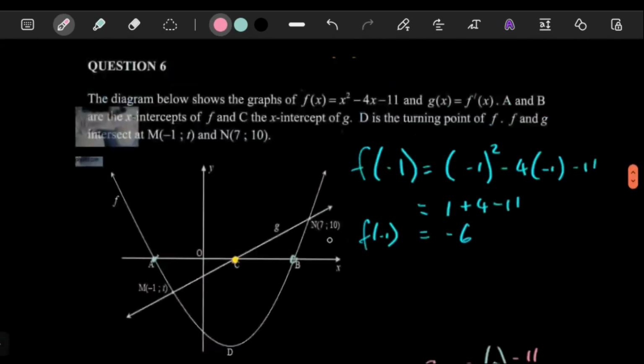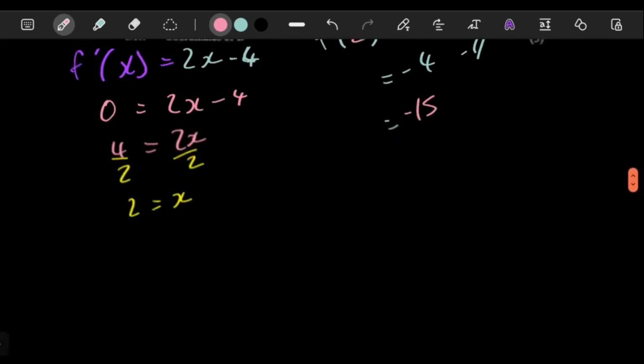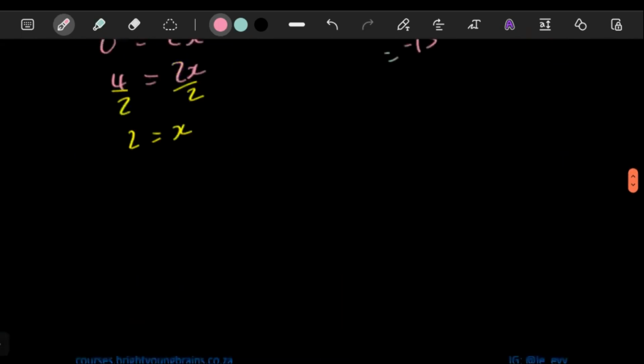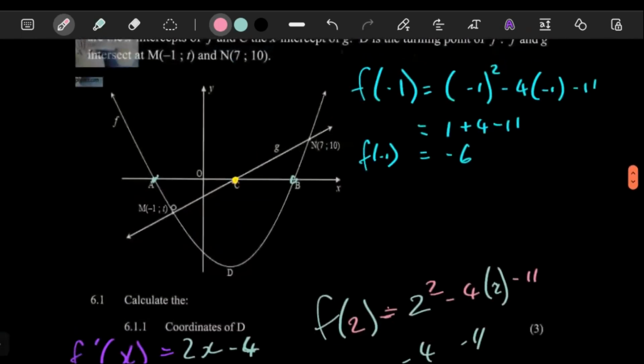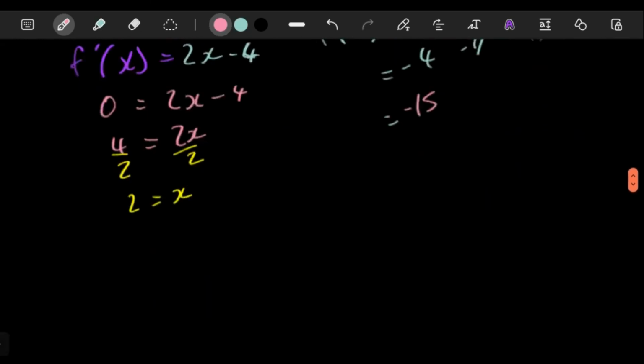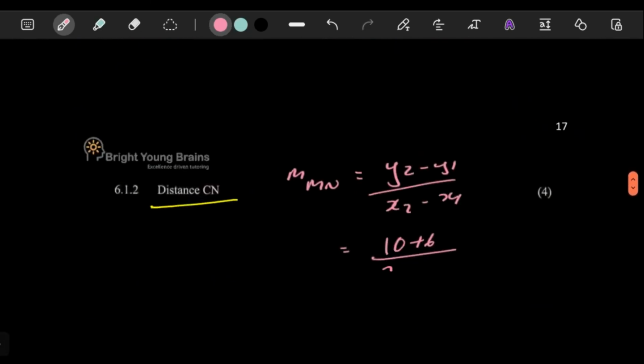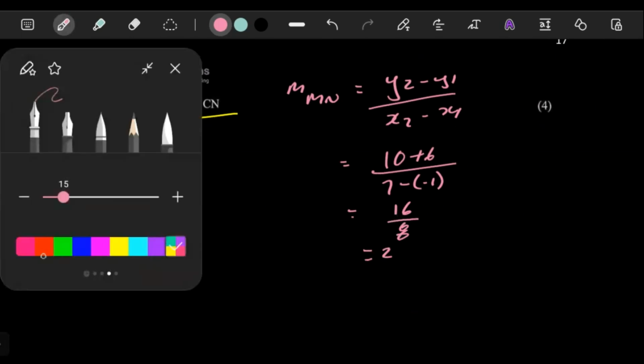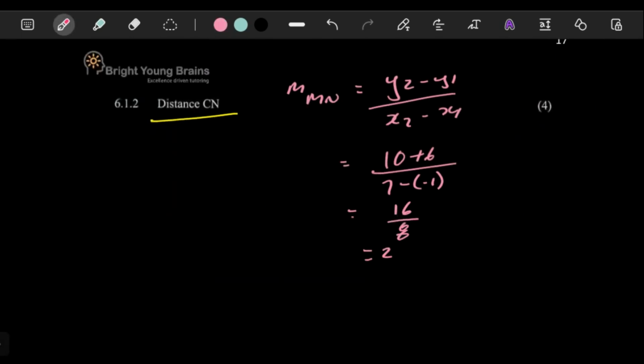So in this situation, we can say 10 minus negative 6, meaning we're going to plus, and then 7 minus negative 1, meaning we're going to plus. So this is going to be 16 over 8, which is 2.